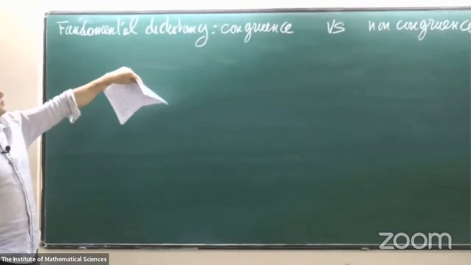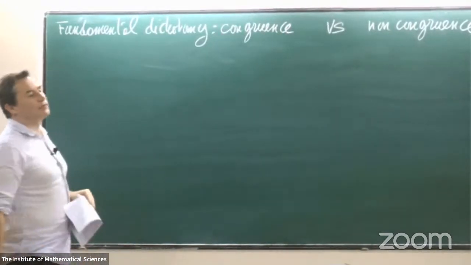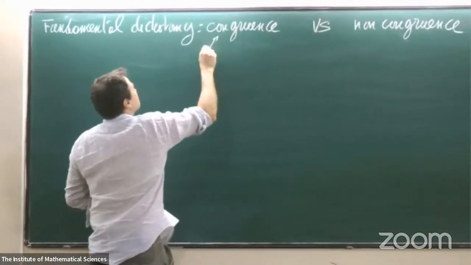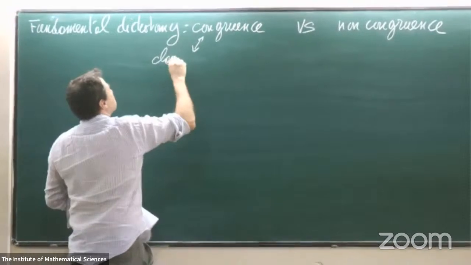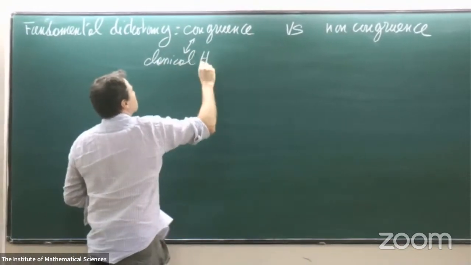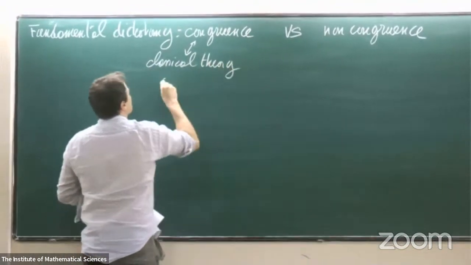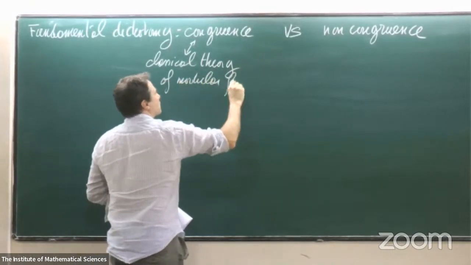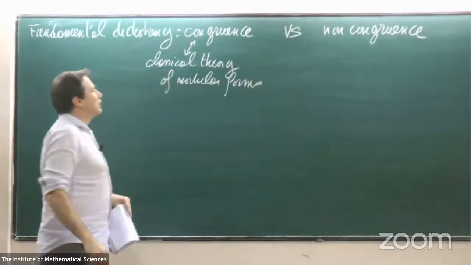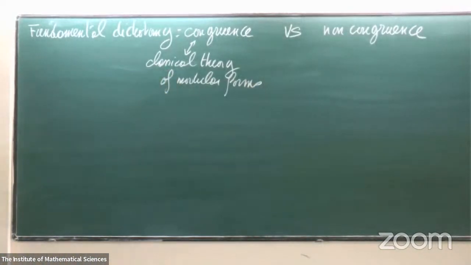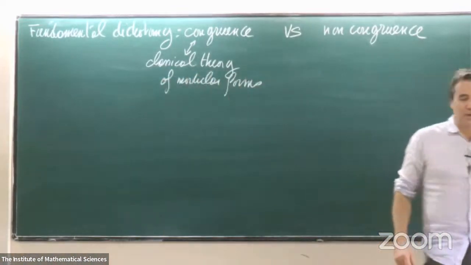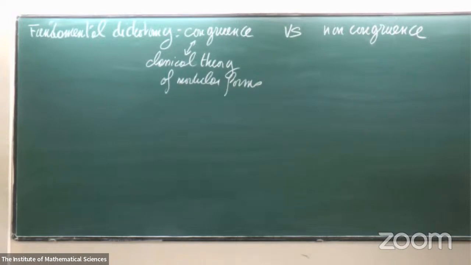The theory for congruence subgroups is, well, more or less the classical theory of modular forms. And the theory for non-congruence subgroups, surprisingly, is very general because it has to do with all algebraic curves over number fields.